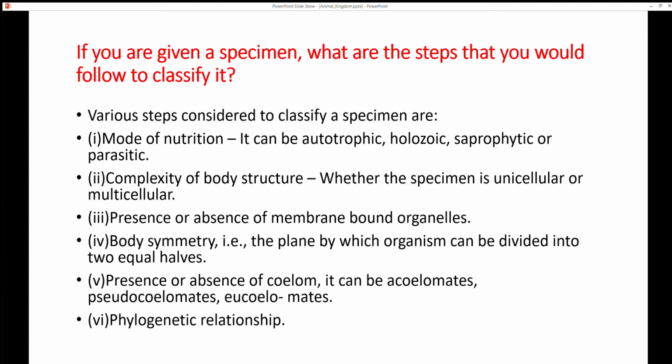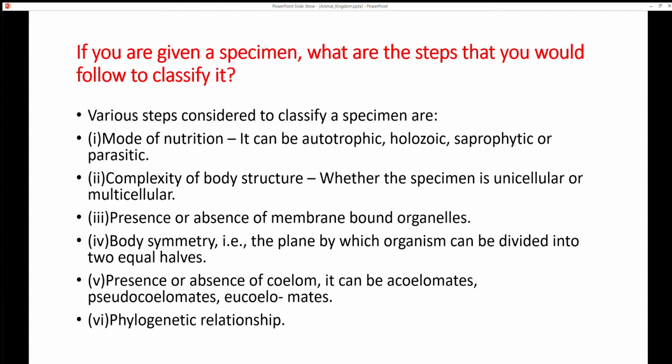So presence or absence of membrane-bound organelles, meaning in the cell itself there will be many organelles like mitochondria, chloroplast, lysosomes, Golgi complex, endoplasmic reticulum, vacuole, centrosomes, nucleus, all these.